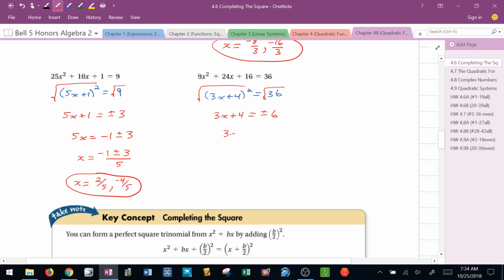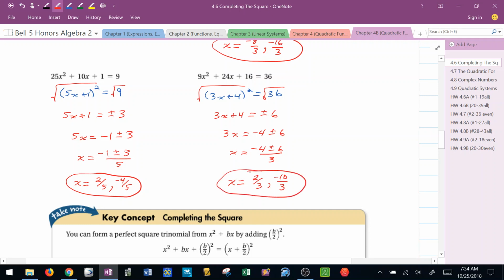I'm going to move the 4. 3x equals negative 4 plus or minus 6. I'm going to divide by 3. Negative 4 plus or minus 6 divided by 3. And now I'm going to clean it up. Negative 4 plus 6 is 2/3. Negative 4 minus 6 would be negative 10/3.